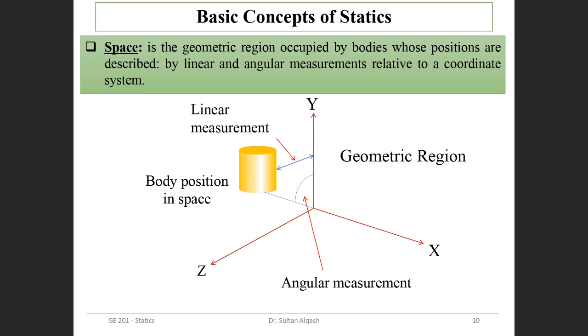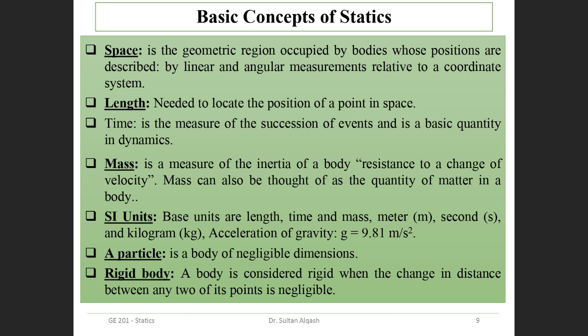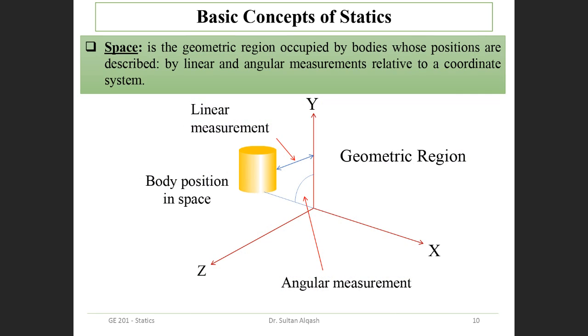And here's the space. So here we can determine the position of any object, element, or particle. Just to get back to the previous slide: a particle is a body of negligible dimensions or size, and a rigid body, as we define it, is a non-deformable body.